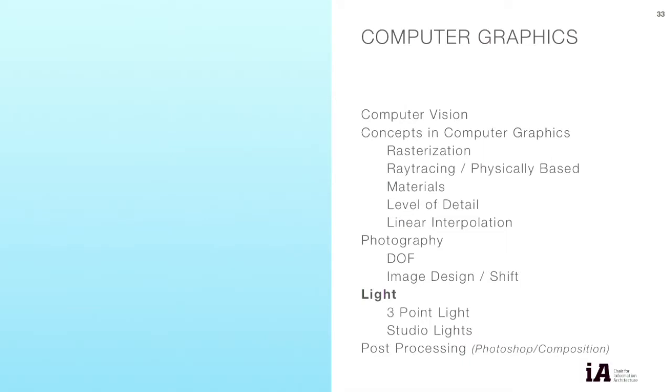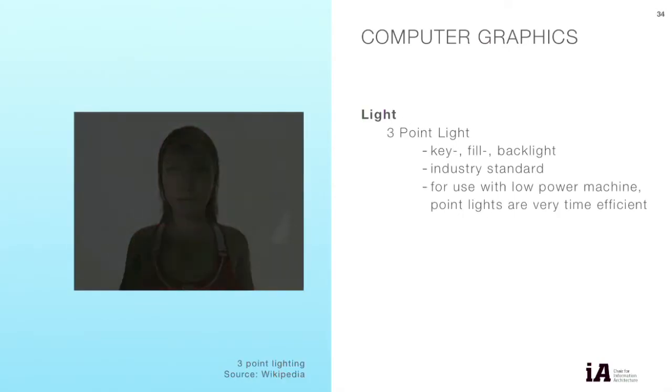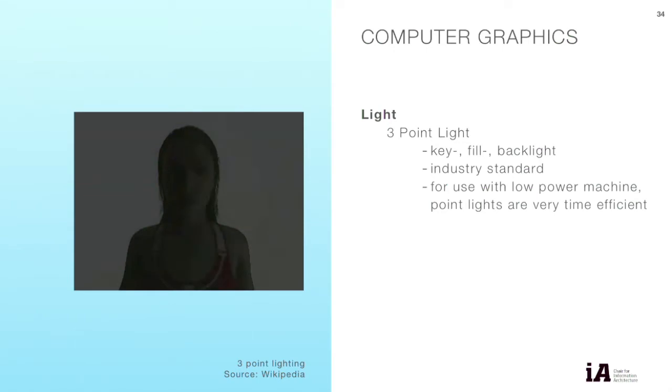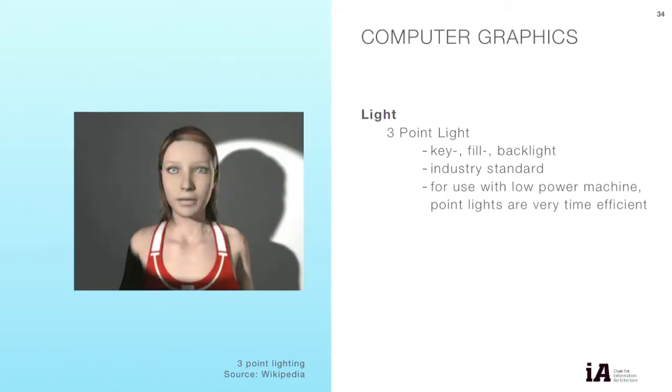And the traditional way to control the light in photography and also in cinema is the three-point light. Here we have a key light, which is the main light, and here we have shadows, and you want to fill them. And then you have also a background light. So that's just the basic setup with the three-point light.